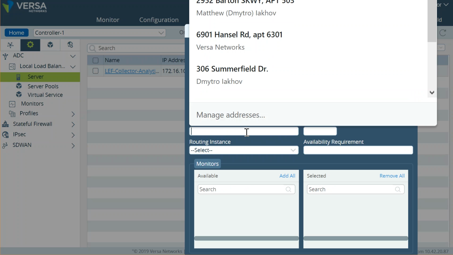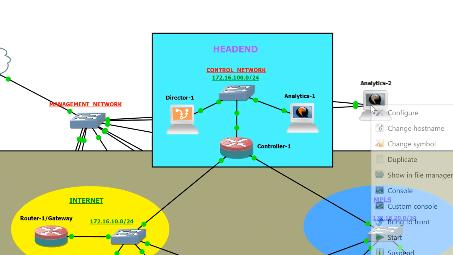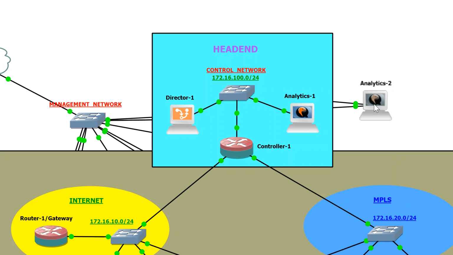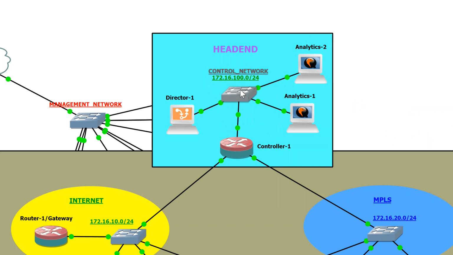The IP address that we need to put in here should be the IP address of the control network. So let me make it a little different. Okay, so this is the interface of the control network, and this IP address needs to be added to the ADC.